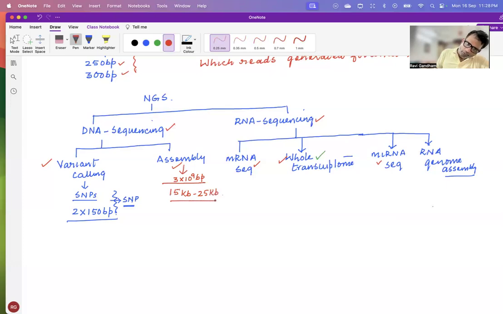And you can assemble the genome. However, people along with 15 KB to 25 KB reads also use 100 KB reads to complete the assembly. And such kind of assemblies can be now called as T to T assemblies. It means telomere to telomere assemblies.